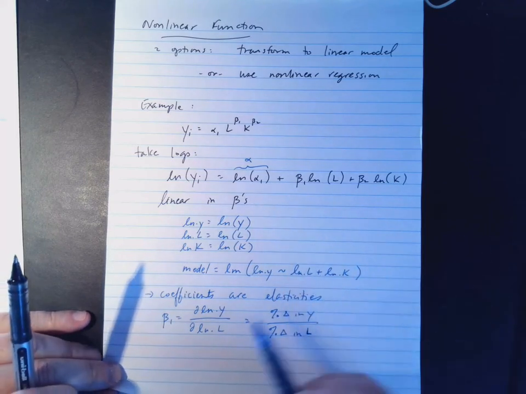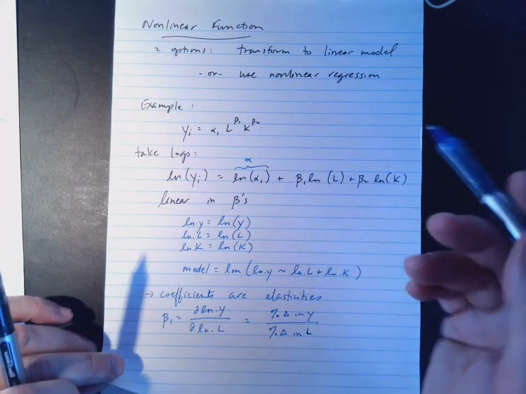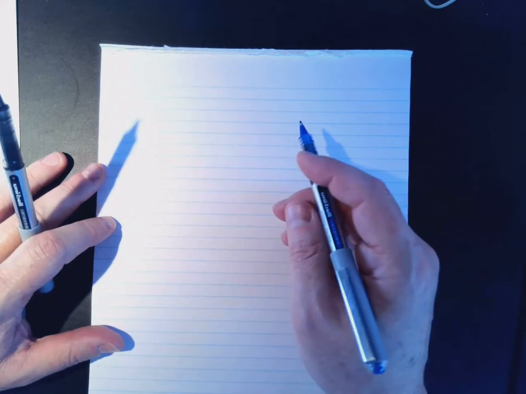And in the textbook, he points out that if your transformation leaves you with logs on one side but not the other of the equation, which sometimes happens, then we would call that a log linear model. And again, it means the coefficients will have specific interpretations that go along with them.